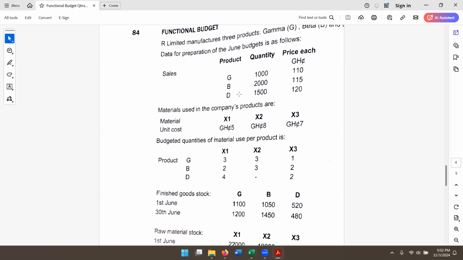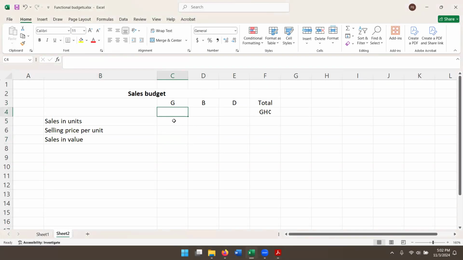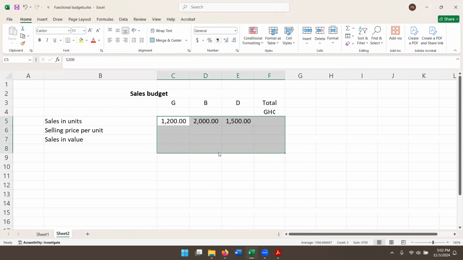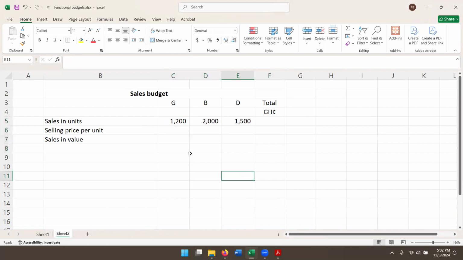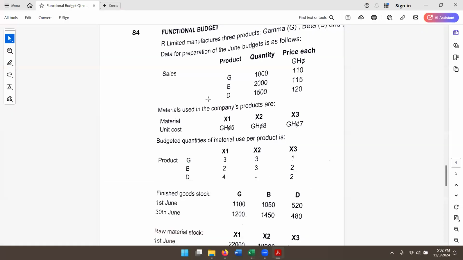So what are the quantities? 1,200, 2,000, and then 1,500. So we can't have a total. Why? Because we can't add apples to oranges. So no total.